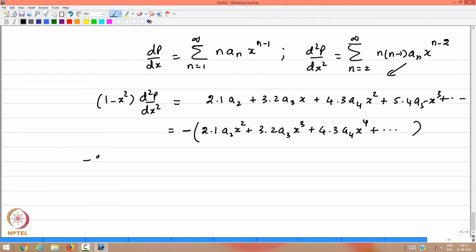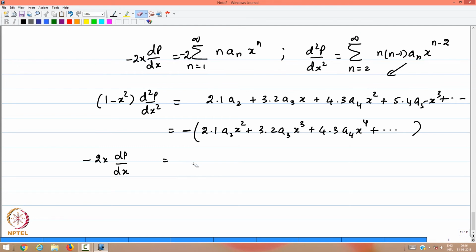Then we have a minus 2x dp by dx. Therefore, this series we have to multiply by x. So, if you multiply this by minus 2x, what will you get? You will get minus 2, and then this minus 1 will go away, it will become x raised to n. Okay.